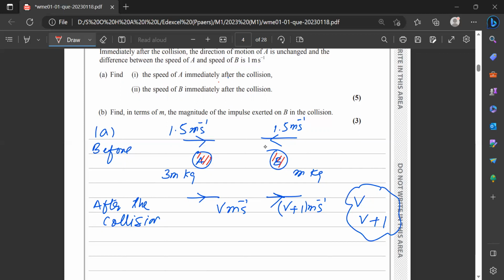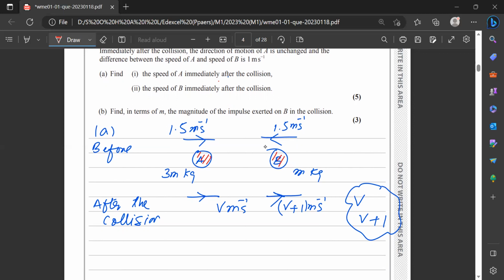This is not logical. So in this case you have to take the speed of A as V and the other as V plus 1, because they are moving towards the right after the collision. Obviously particle B will have the speed greater than that of A. So V plus 1, the difference is given as 1 meter per second. So V plus 1 is for B.